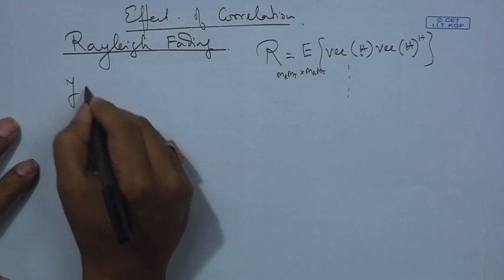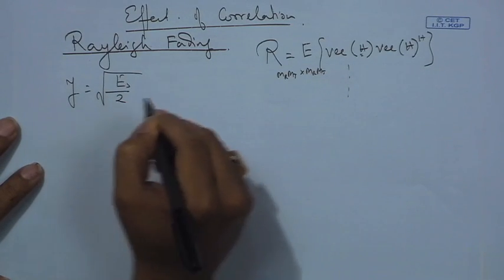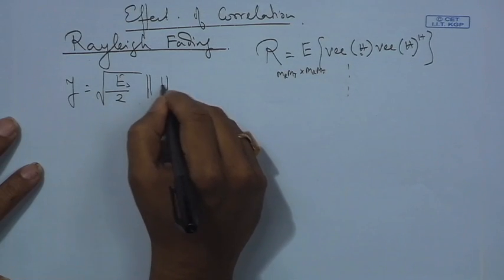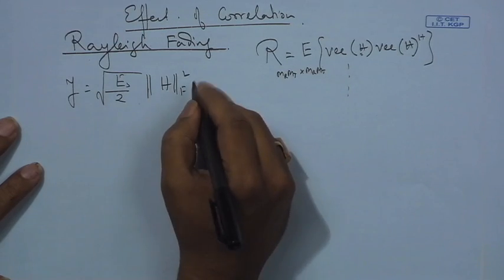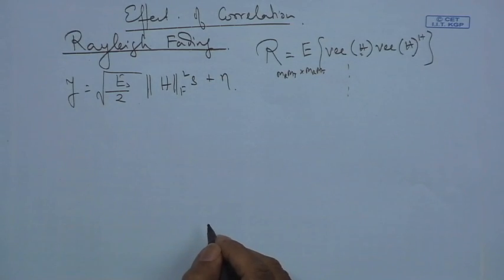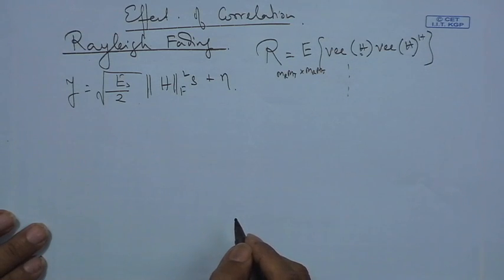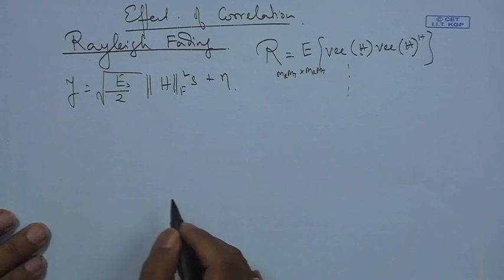Typically we could write the expression of Y as root over Es by 2 times the Frobenius norm of H times S plus N. This is typically for the Alamouti scheme.